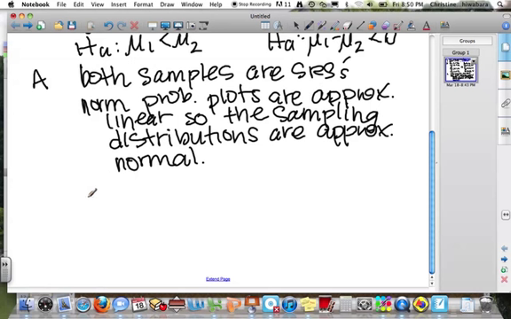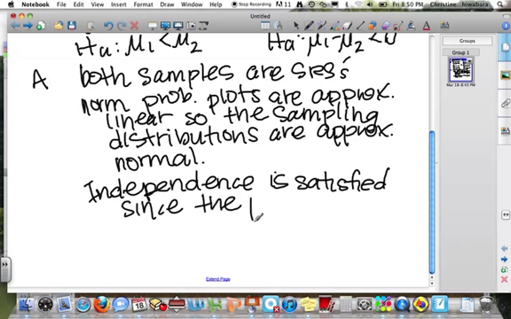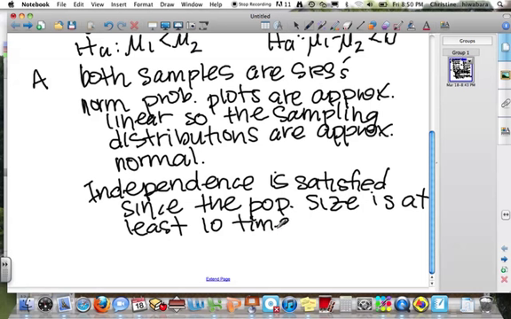So in context, you would say independence is satisfied since the population size is at least 10 times larger than the sample size.